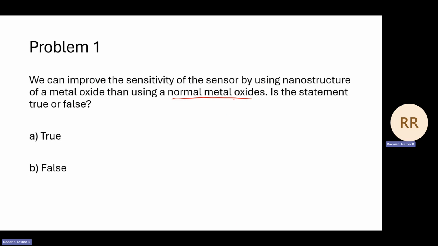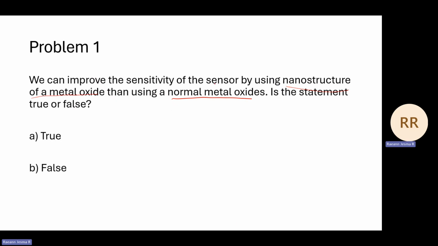What happens is that these metal oxides will react with the gas and they will form some sort of compound. By sensing the properties of those compounds, you can detect how much gas is present or what kind of gas is present. So here in this problem 1, what is asked is that instead of using a normal metal oxide, what happens when we are using a nanostructure of a metal oxide? Does it improve the sensitivity or not?